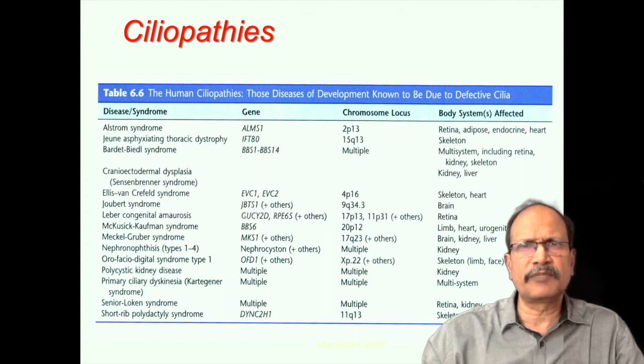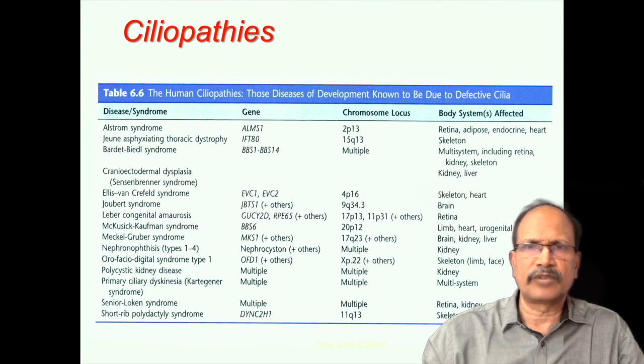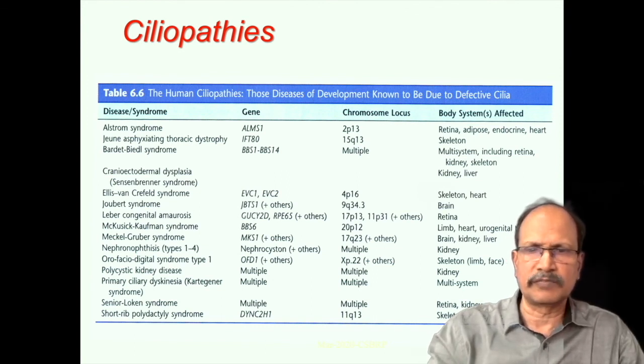This type of cilia is mainly located in the renal tubular epithelium, and they sense the flow of urine in the renal tubular system. So when there is a defect in these mechanical sensors, the tubules may not develop properly, and the patient may land in what is known as renal cystic disease, polycystic kidney disease, and this comes under ciliopathies.